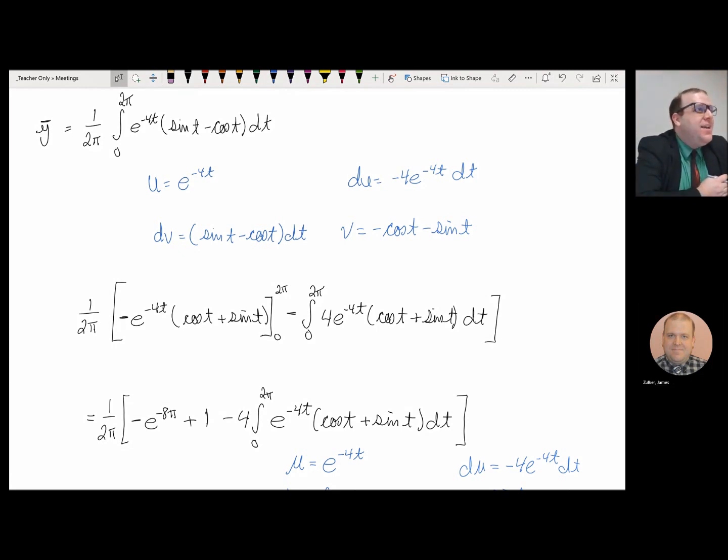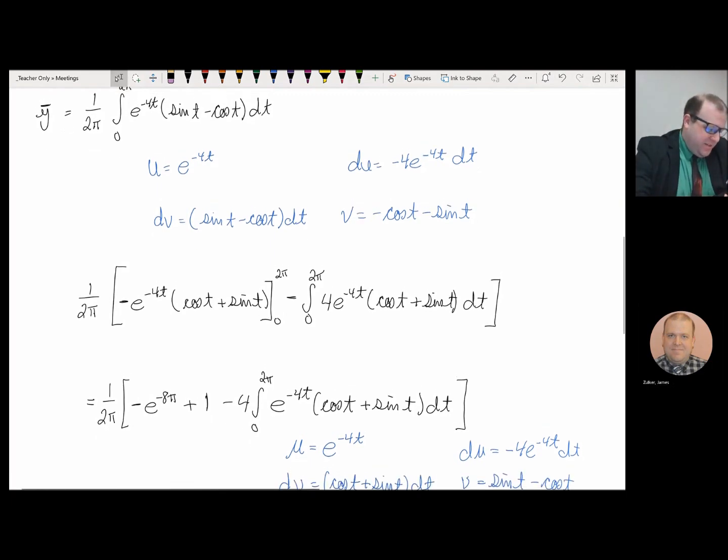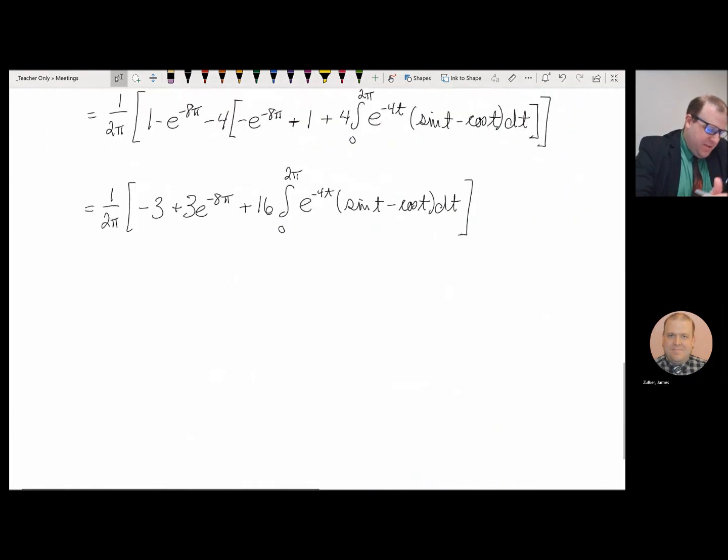Technically, it's 1 over 2 pi times the integral, right? Going to distribute that 1 over 2 pi through.